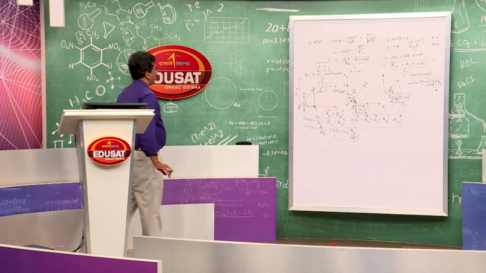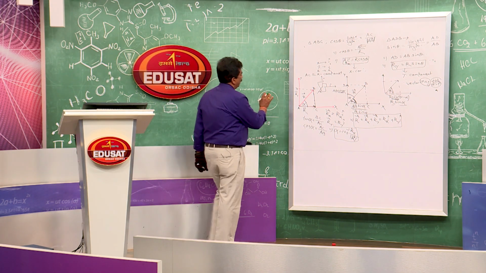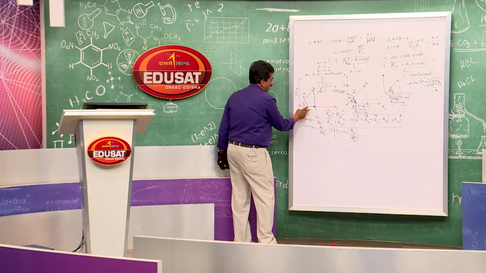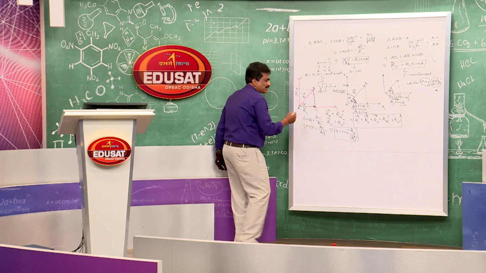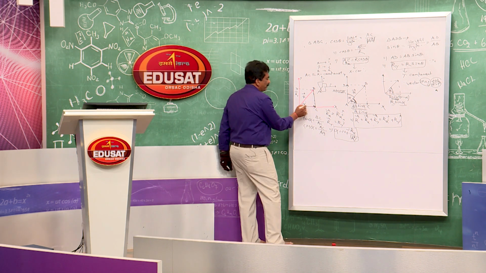To determine the direction of the component vector Rx, suppose that angle is alpha. Then tan alpha is equal to BC by AC. What is BC?